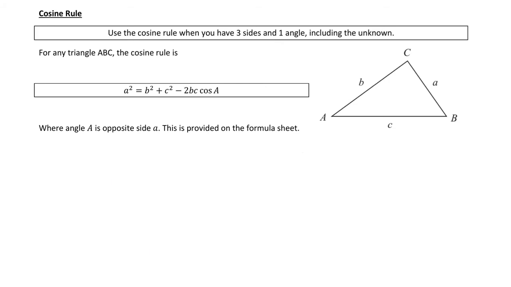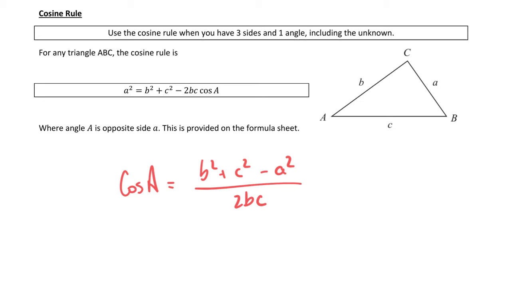Now we can also rearrange this for an angle, and for an angle it would be that the cos of A is equal to b squared plus c squared minus a squared over 2bc. What we have is that the angle we're looking for is the A, and then we're doing the other two sides squared and added together minus a squared.